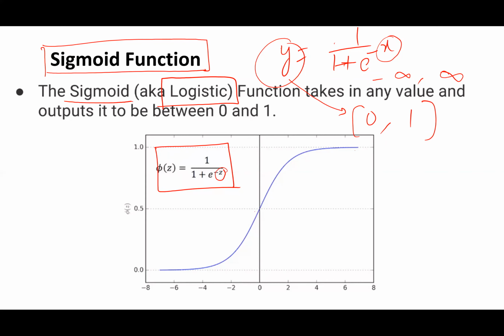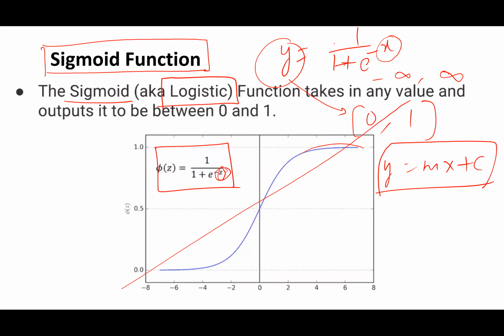We want to transform our straight line into this kind of smooth curve through our data. The simplest way to do this is that, instead of z, I put in the output of my y, where y is equal to mx plus c. Whatever output I get from a linear regression, I just put into this formula. So I get y logistic, or whatever you want to name it, equal to 1 upon 1 plus e to the power minus (mx plus c).